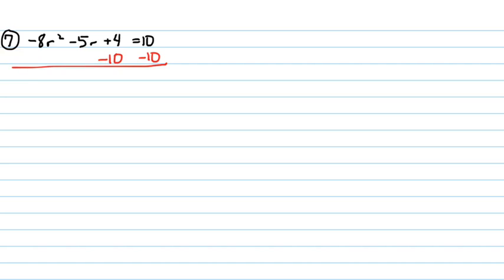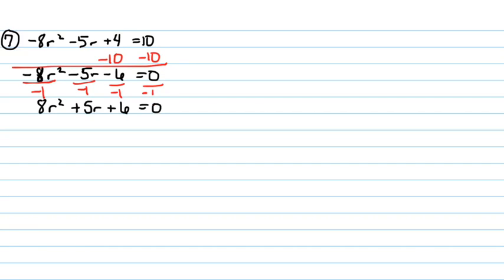Now, if I did this, I end up with negative 8r squared minus 5r minus 6 equals 0. I personally do not like my a term to ever be negative. So I'm going to divide everything by negative 1 to change that. And so 8r squared plus 5r plus 6 is equal to 0. Now I'm going to identify my a, b, c.